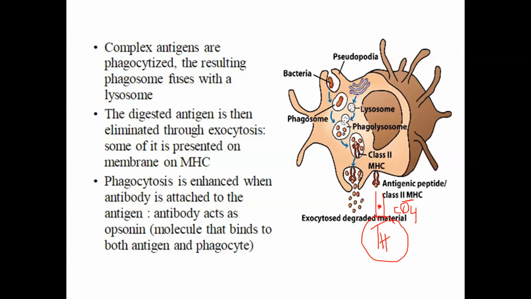Friends, immediately the T helper cell gets activated. Then the T helper cell releases interleukins. That interleukins activate which cell? B cell. Then the B cell differentiates into plasma cell and memory cell. Then the plasma cell produces antibody. That antibody will come and destroy this particular antigen.